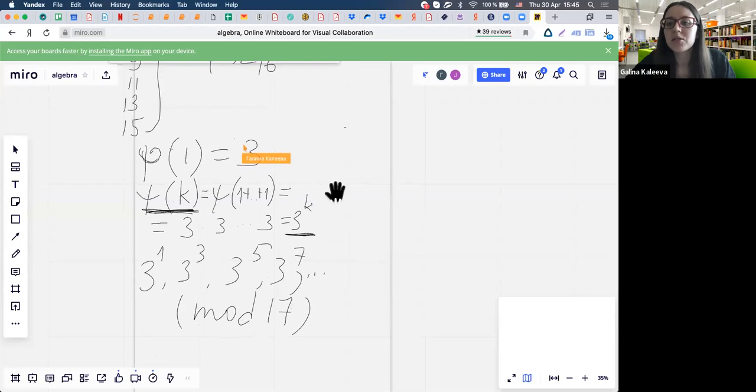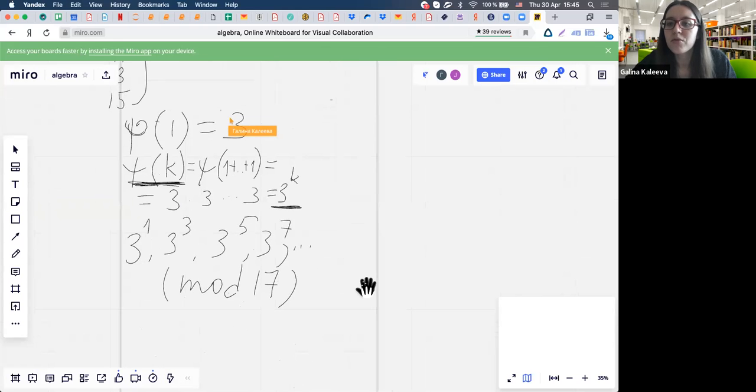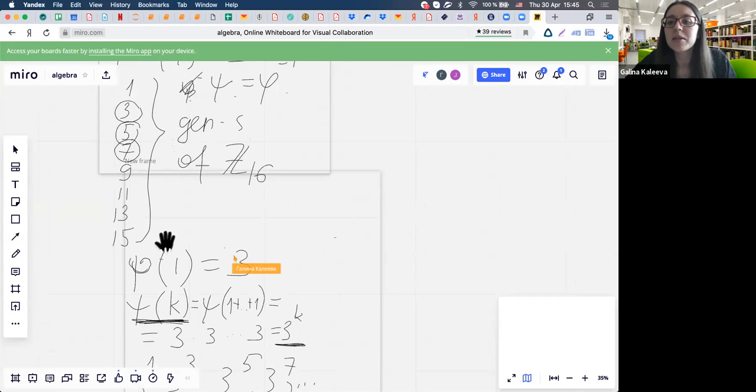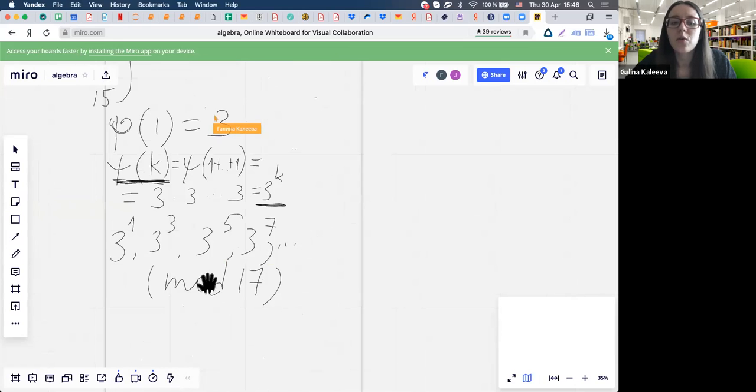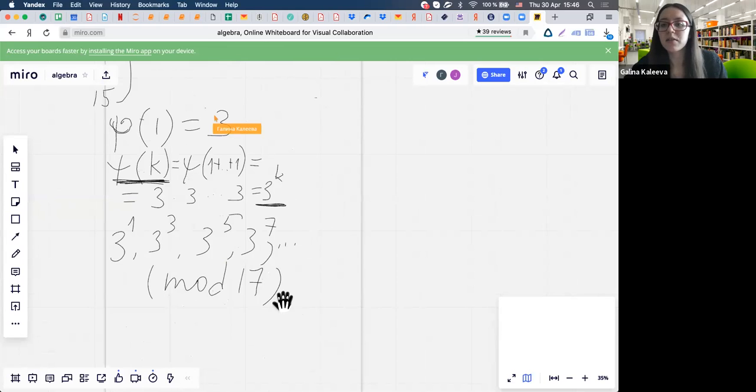We built an isomorphism from Z16 to Z17 star such that these elements go to these powers of 3. And we know in Z16 that the order of all these elements equals 16. So the images of these elements also have order 16. Okay, got it. Nice. Any other questions?